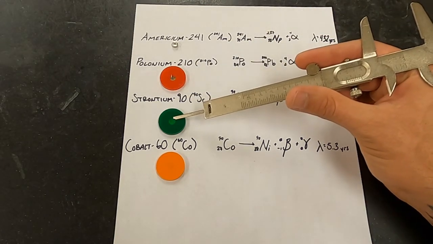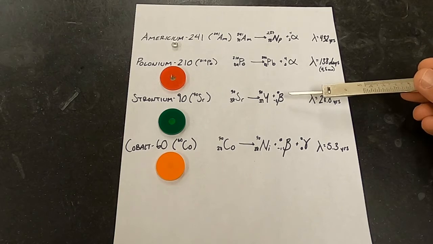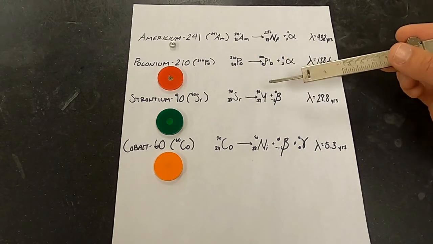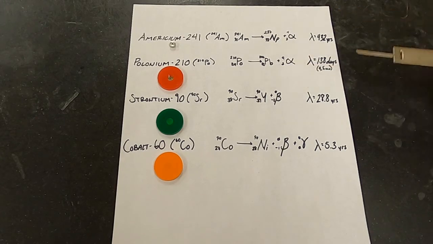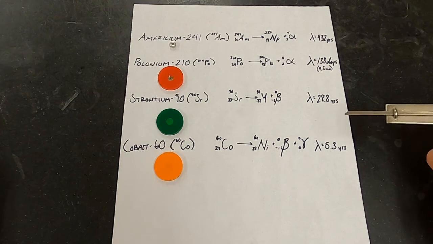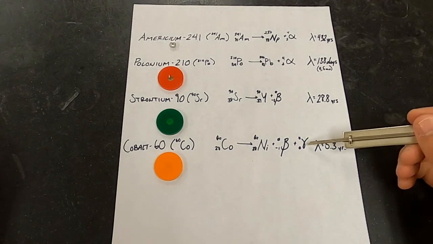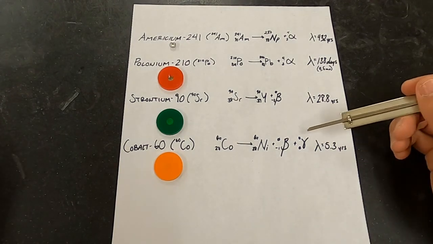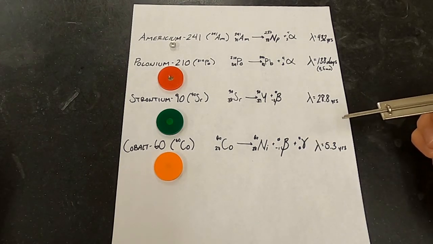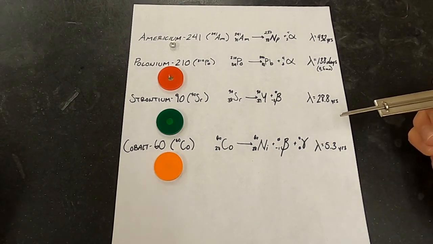It has a layer of plastic over it, which is fine because beta particles or beta radiation can go through plastic. Strontium over time turns into yttrium, and its half-life is 28.8 years. To investigate gamma radiation, which is what this symbol is, notice that gamma radiation has a 0 and a 0. Gamma radiation is a form of electromagnetic radiation or light.